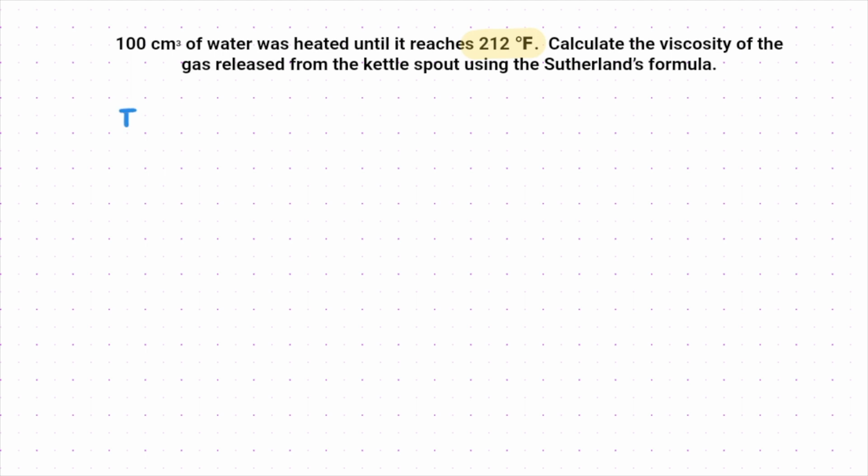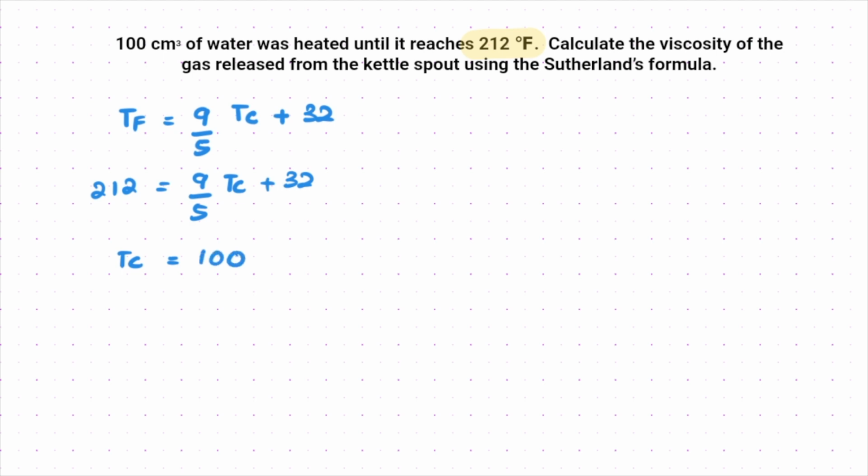So TF, which is in Fahrenheit, is equivalent to 9 over 5 temperature in degrees Celsius plus 32. So you will have the temperature in Fahrenheit is 212 is equivalent to 9 over 5 Tc plus 32. Therefore, your temperature in degrees Celsius is equivalent to 100.